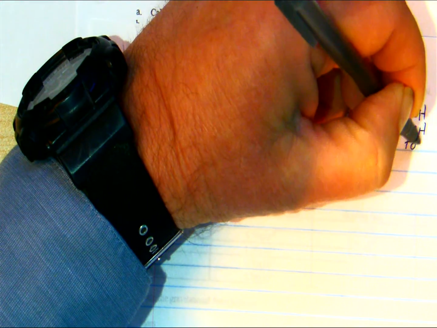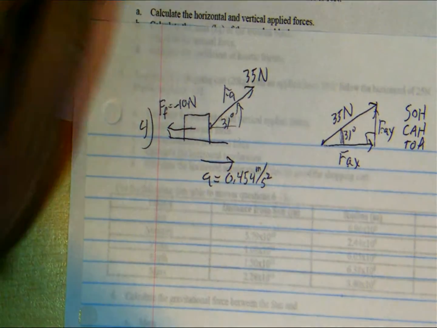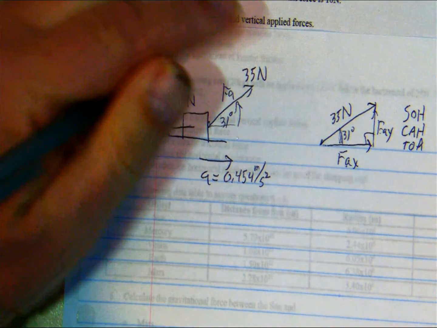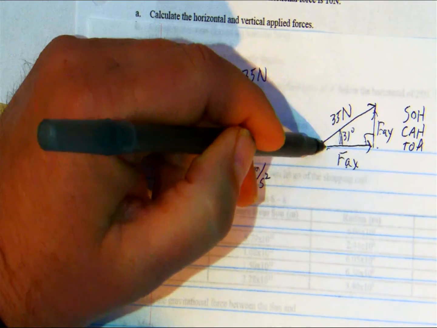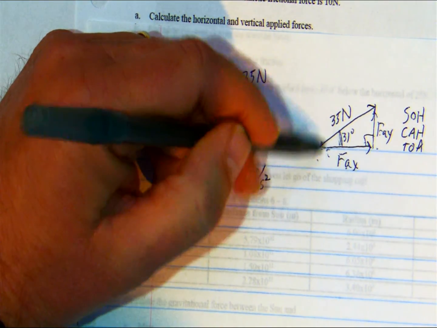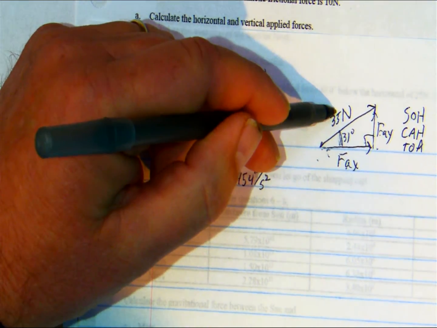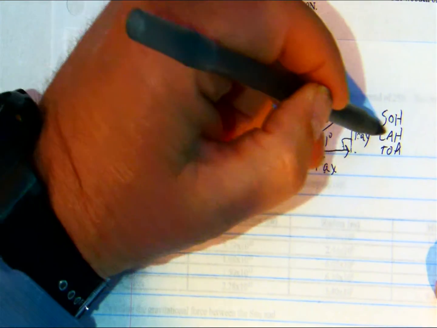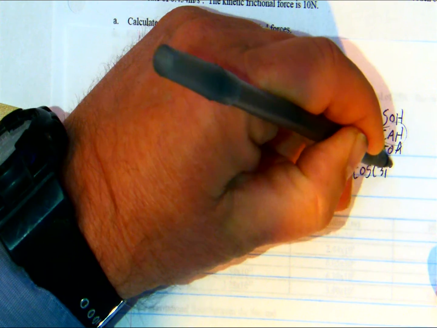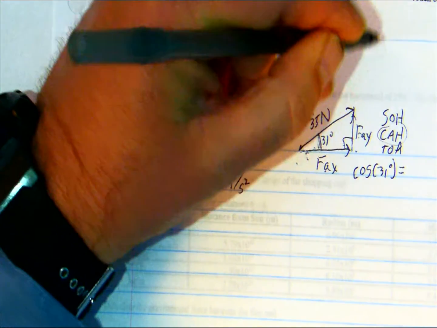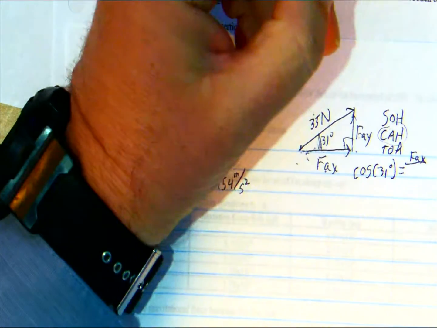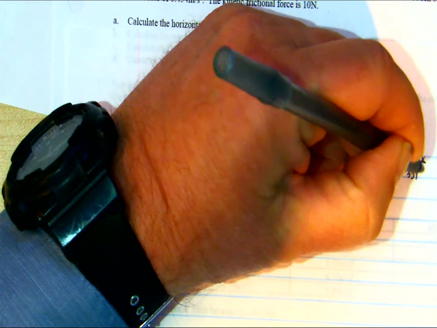to answer part A. They're asking to calculate the horizontal and vertical applied forces. The horizontal component is the adjacent side of this right triangle. The hypotenuse is given, 35 newtons, the angle is given, so I'm going to choose cosine of 31 degrees is equal to the adjacent side, the Fax, divided by the hypotenuse of 35 newtons.